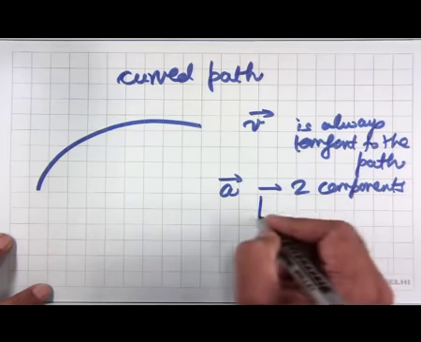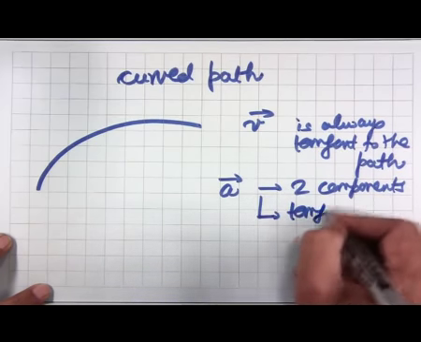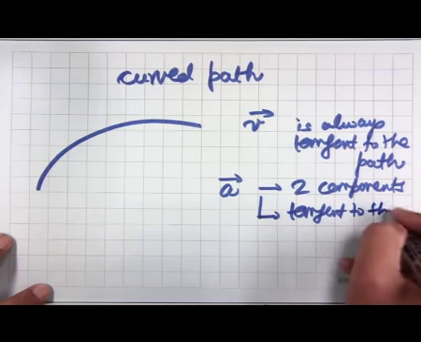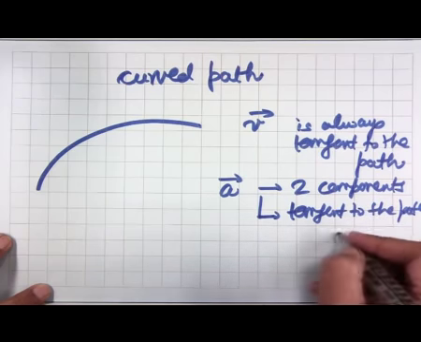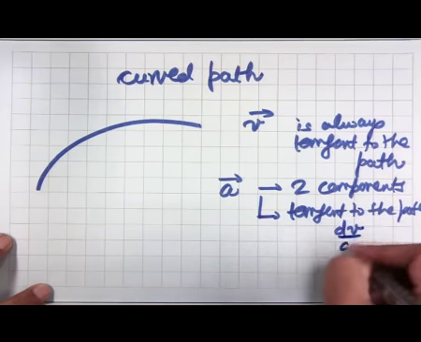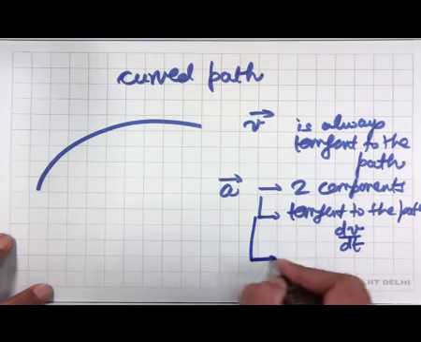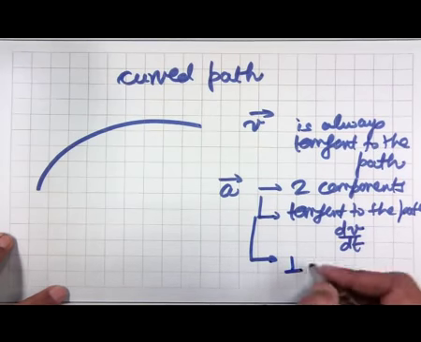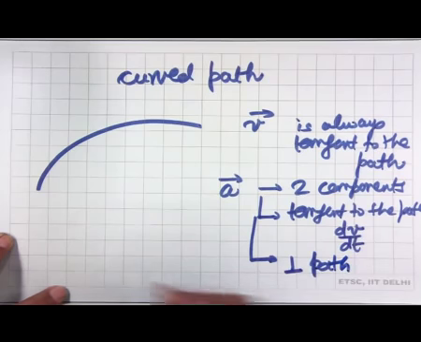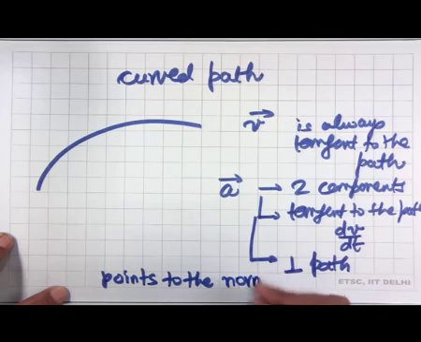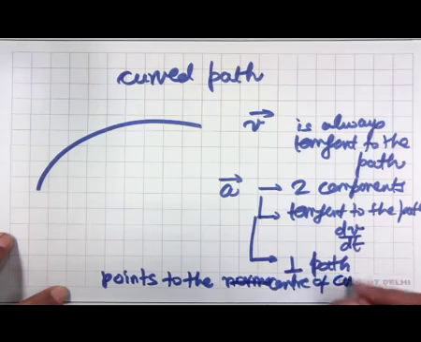A component which is tangent to the path, which is nothing but the rate of change of speed, and a second component which is perpendicular to the path and which points to the center of curvature of the path.